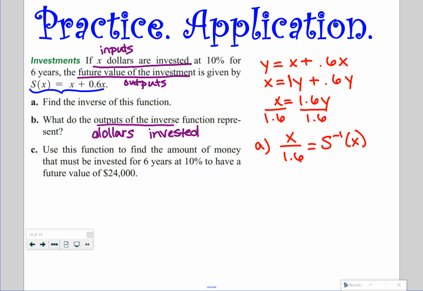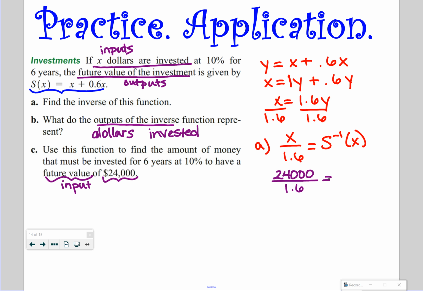So let's look at part C now. Use this function to find the amount of money that must be invested at 10% for 6 years to have a future value of $24,000. So remember, in our inverse, the future value is our input. So all we have to do is input 24,000 into this equation, and what we're going to get out is the amount of money that'll have to be invested.